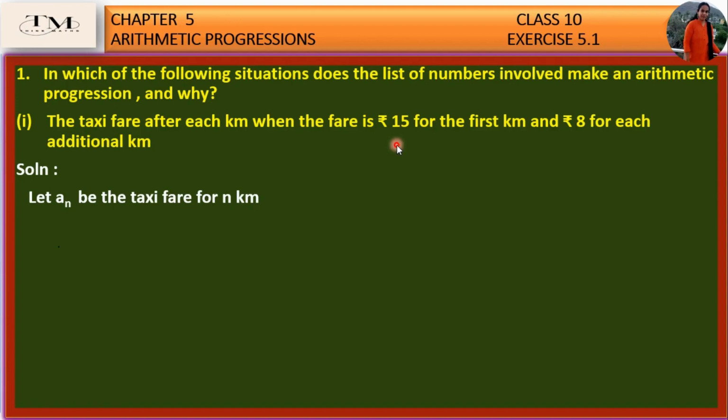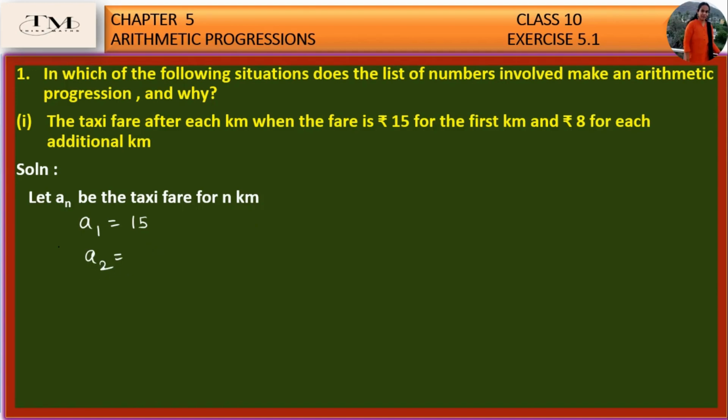So let us assume, let An be the taxi fare for n kilometers. Then A1 will be the taxi fare for the first kilometer. For the first kilometer, taxi fare is 15. A2 is the taxi fare for 2 kilometers. Okay.